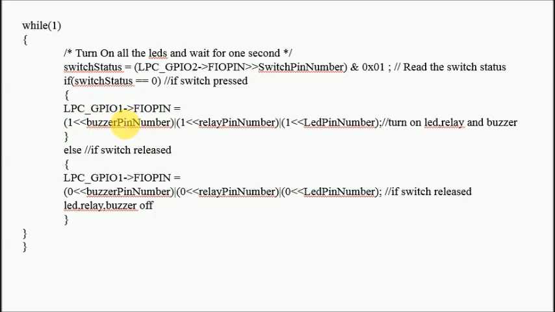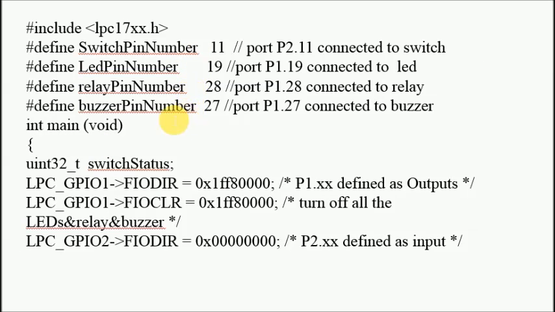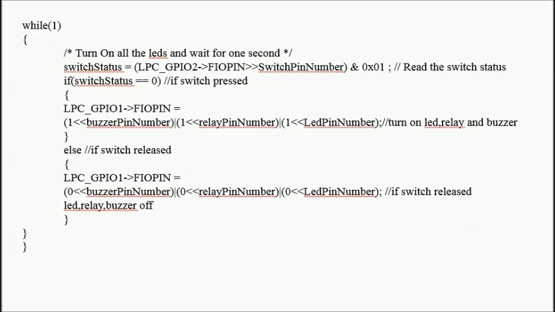What content we are writing here, we can specify here. That is 1 we are writing to the buzzer pin, 1 we are writing to the relay pin, and 1 to the LED pin. We have specified all those in the program here. We are specifying the pins here. 19 is the LED pin, 28 is the relay pin, and 27 is the buzzer pin.